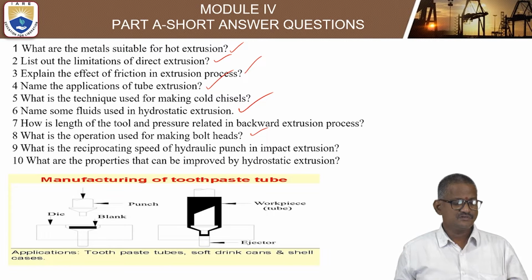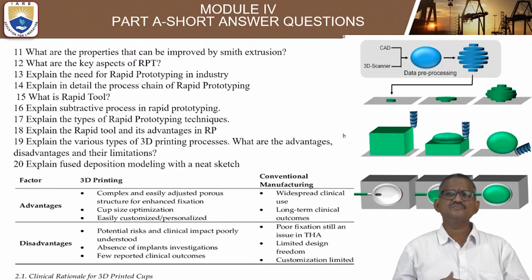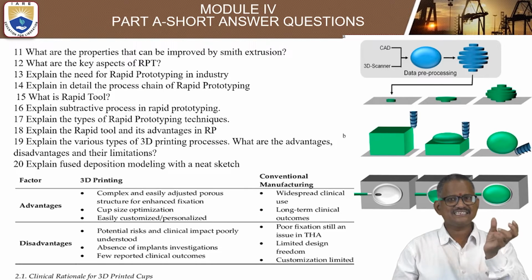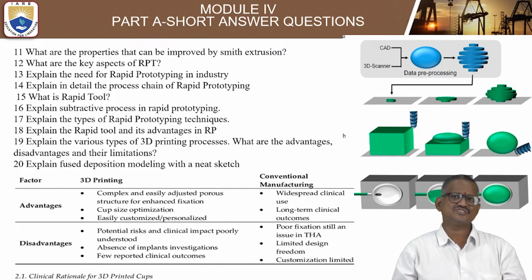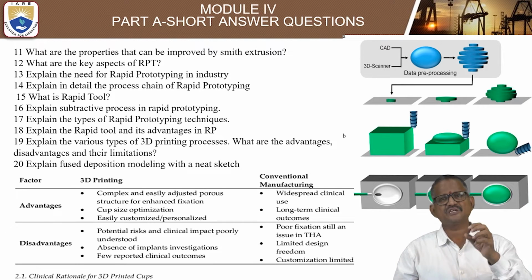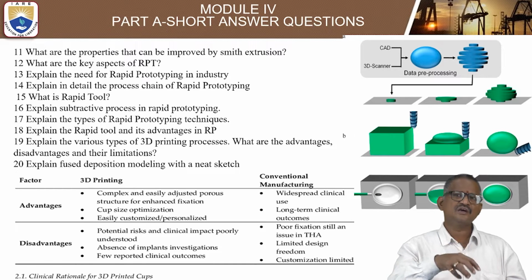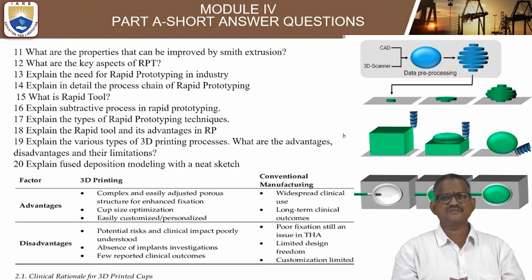So these are the four different types of extrusion widely used. Now let us see another short answer question: what are the properties that can be improved by Smith extrusion? Here the term Smith refers to Smith forging, where heating and applying pressure is used, like an open die forging process.